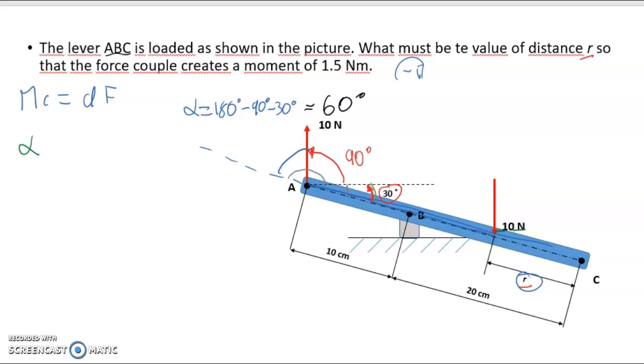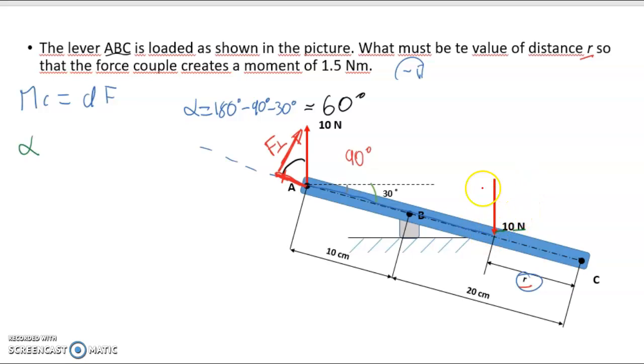Now, why is that important? Well, if we know this angle right here, which is 60, that means I can decompose this vector into one component that goes this way and one component that goes this way. This one right here is the force I'm looking for, the force perpendicular to the lever.